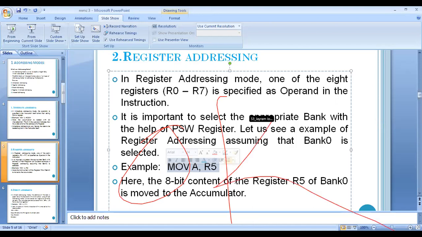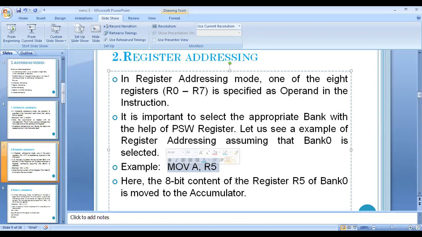Okay, now see here, आता whatever the operands or registers we are having, these registers are from the 4 banks, that is we are having 4 banks: bank 0, bank 1, bank 2, bank 3. So all the banks have the same name registers, म्हणजे काय? प्रत्येक 4 बँक मध्ये जे रजिस्टर्स आहेत त्यांचे नाव सेम आहेत, R0, R1, R2, R7. बँक 0 मध्ये पण हे 8 रजिस्टर्स आहेत. बँक 1 मधले रजिस्टर कुठले?